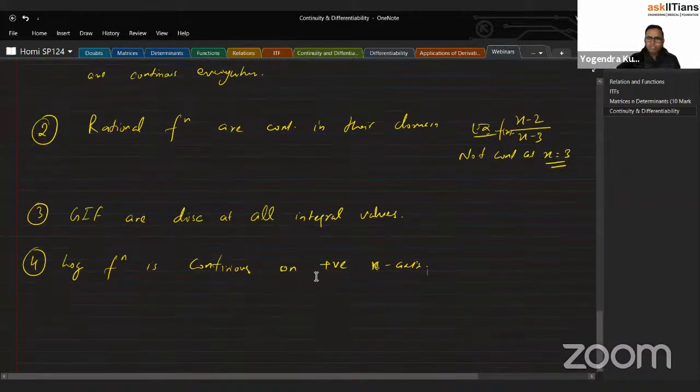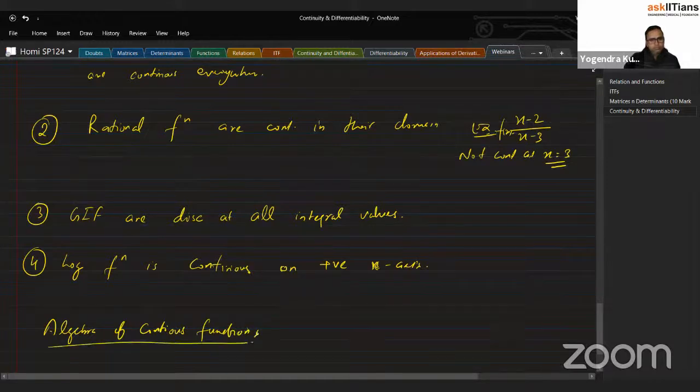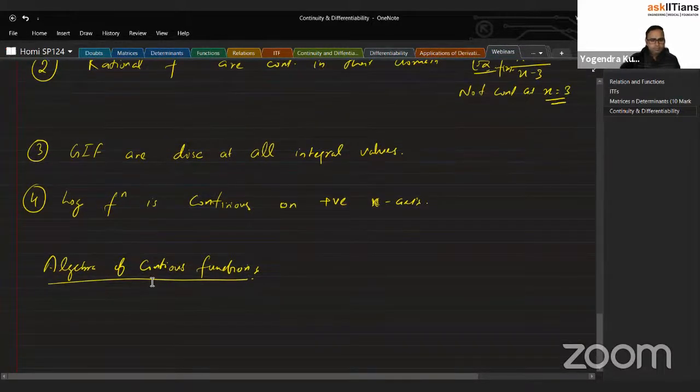Algebra of continuity, everyone understand? Algebra of continuous functions. Now, what do we say here?